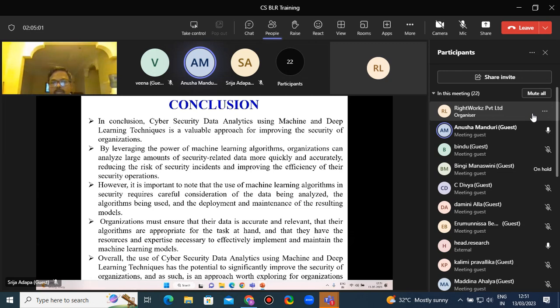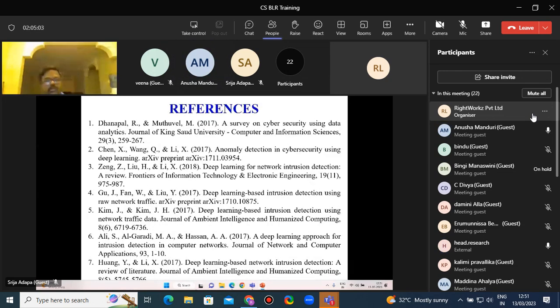Next one. Here are some of the differences. So can I explain differences also? No, it's okay. Okay, sir. Thanks. Anusha, what is your cyber security tool?